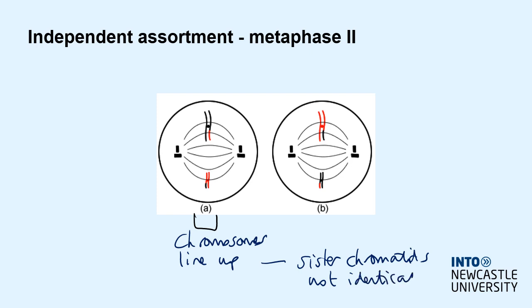If we look at the combination here, we've got one sister chromatid that's all black, the other one that is black with a little bit of red. So they're no longer identical to each other. So they're going to go this way, but they could go the other way. And the same is true for the other chromosome pair. Again, it is completely random which way they go, and again, it's a way to massively increase the amount of genetic variation.